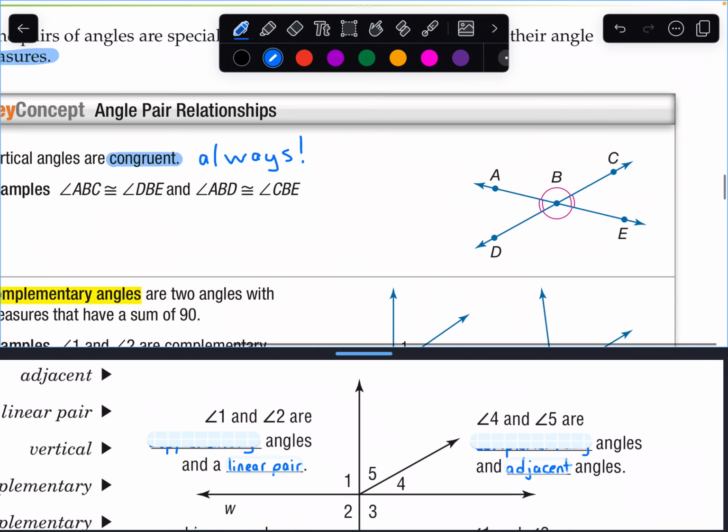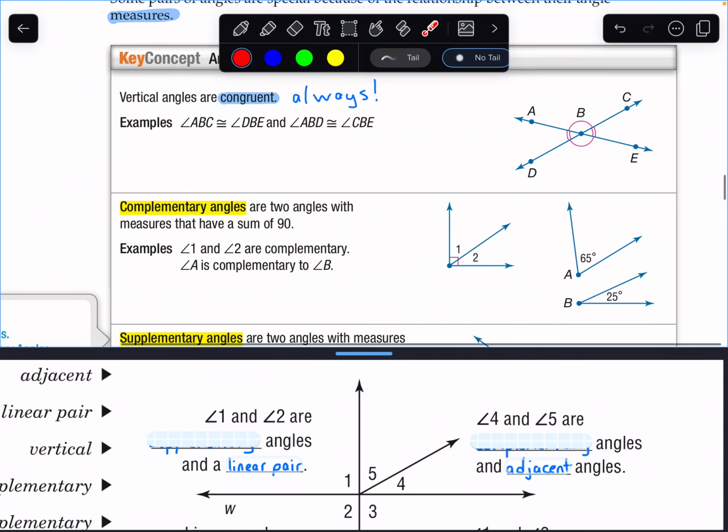For example, angle ABC, so this upper one here, and angle DBE, this one down here with the large single arc are congruent, and angle ABD and angle CBE, so these smaller ones on the left and right with the double arcs are congruent to each other. Okay, good to know.